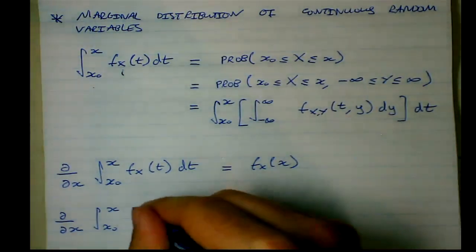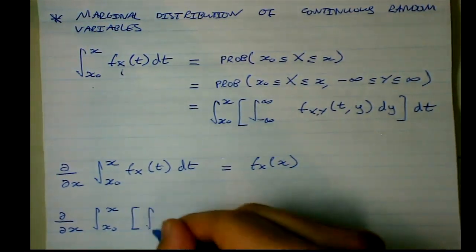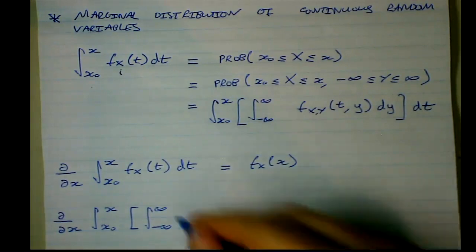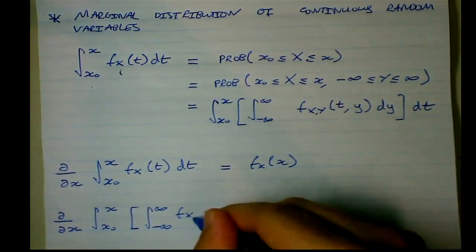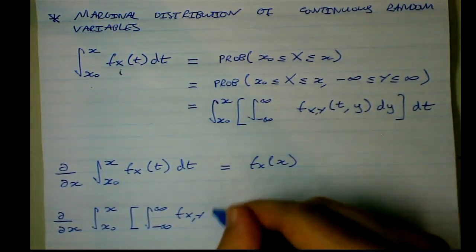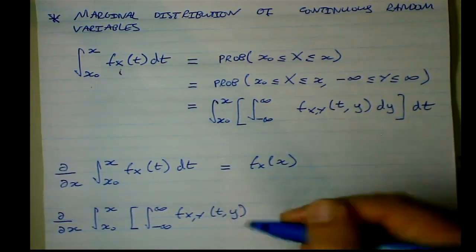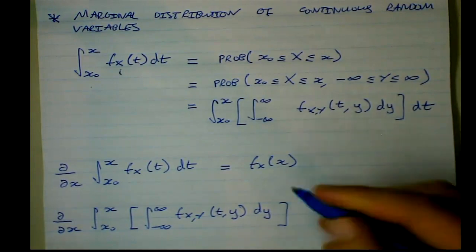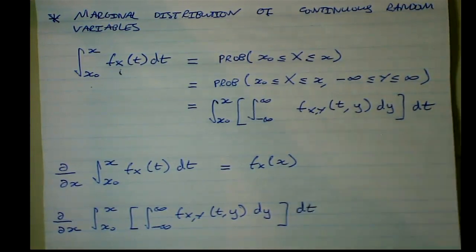Then I'm going to keep my bracket there. Integral between minus infinity and infinity of f of x and y, t and y, dy. Then I'm going to put a dt there.